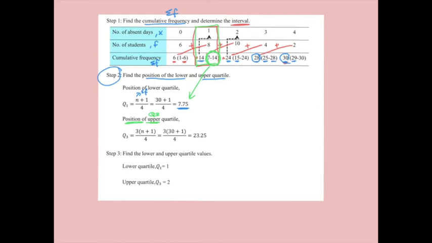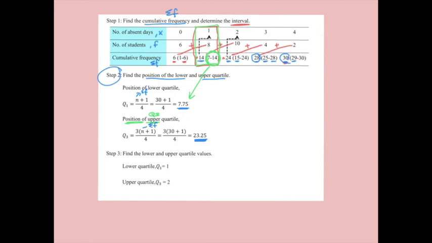The formula is also the same as before: 3 in the bracket n plus 1, where n is the cumulative frequency. 30 plus 1, 31, multiplied by 3, and then after that you need to divide by 4. For this one, the value is 23.25.